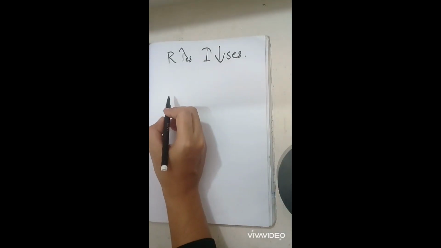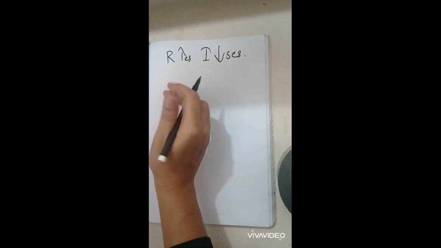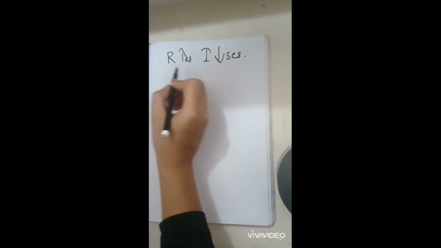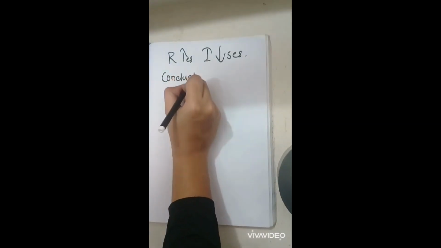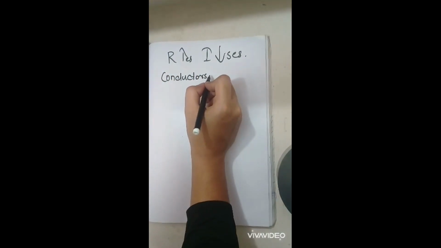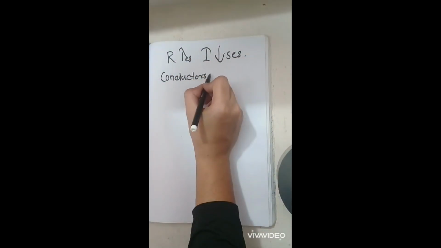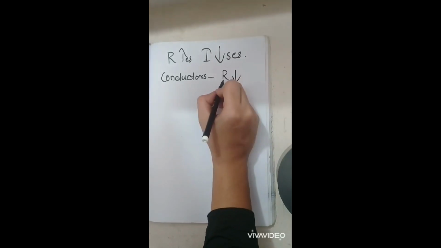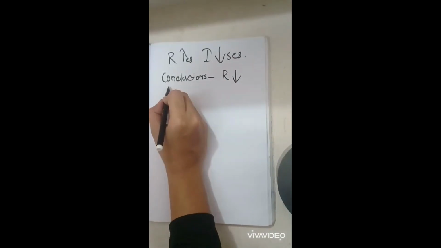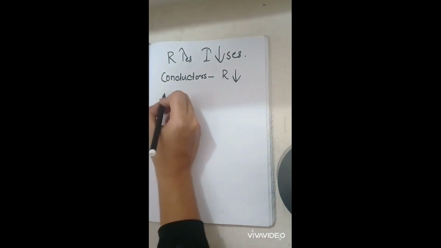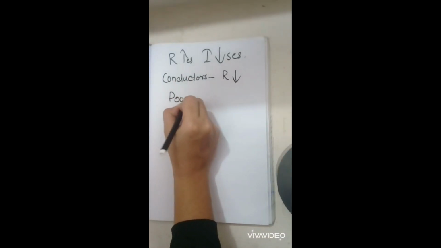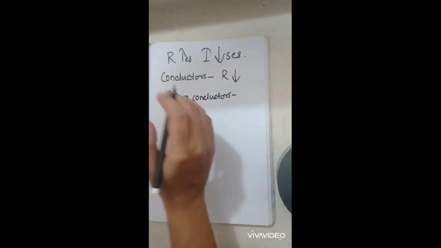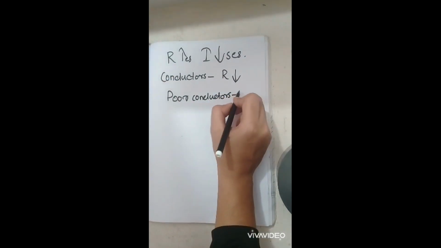So, when we connect the resistor, we use many wires as resistor. In case of conductors, which conduct electricity more, the resistance will be very low. The resistance will be very low in case of conductors. And in case of poor conductors, we know poor conductors conduct electric current less.